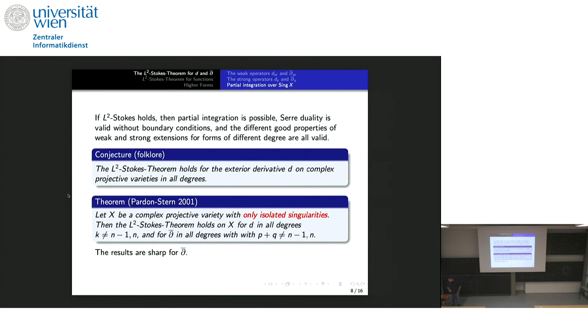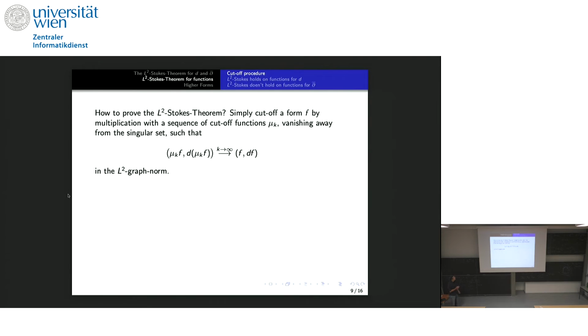Okay, so if one would like to prove the L2-Stokes theorem, there's a pretty straightforward way, namely take the form, cut it off away from the singular set with a sequence of cutoff functions which approximate the identity, and look if the thing converges in the graph norm. This is the straightforward idea. I take a sequence of cutoff functions vanishing near the singular set but approximating the identity, so the support approaches the singularity more and more.